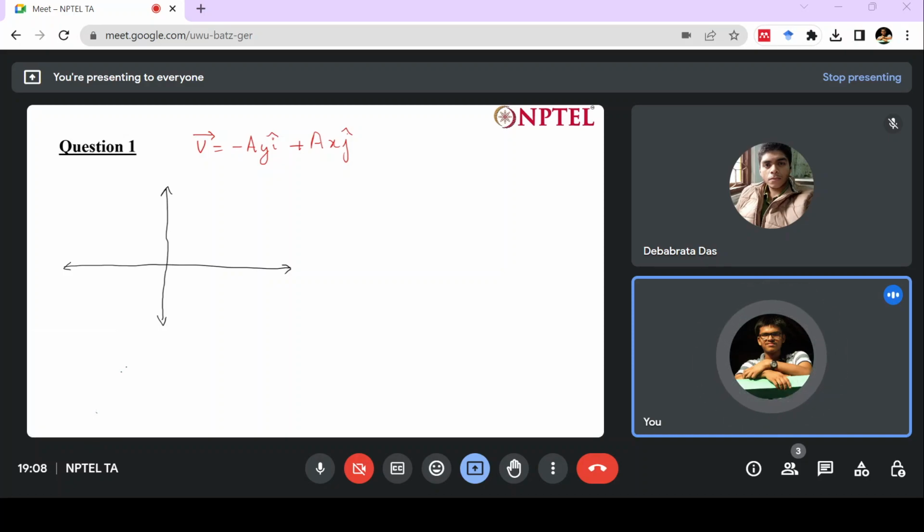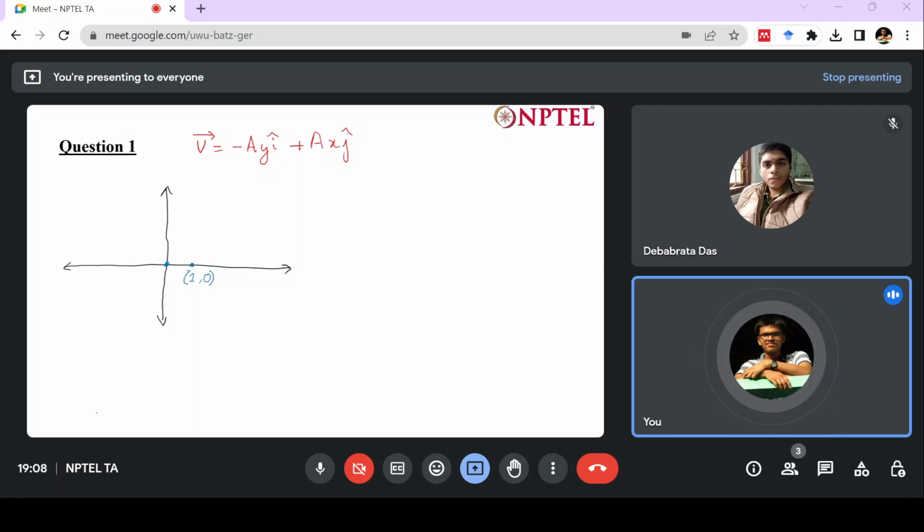So let's start with the origin. If it is 0 comma 0, what is the velocity? Zero, sir. Yes, then it is 0. Okay, let's move a little bit right towards this point, and let's say this is 1 comma 0.